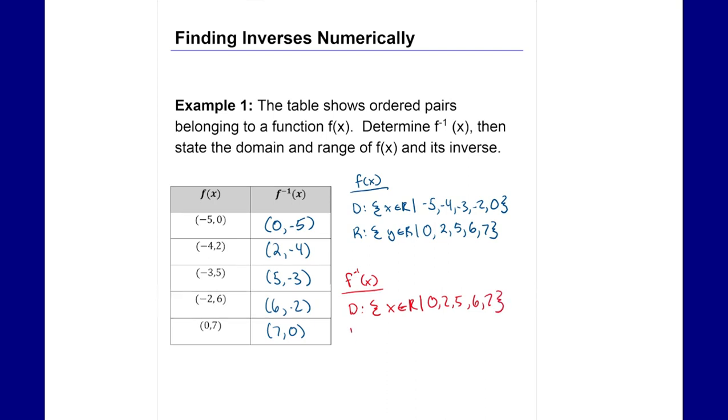And then for our range, y, any real number, given that it is negative 5, negative 4, negative 3, negative 2, and 0. So you see the exact same thing between the two. They're just swapped, right? So our domain and our range have switched in terms of the inverse and the regular function.